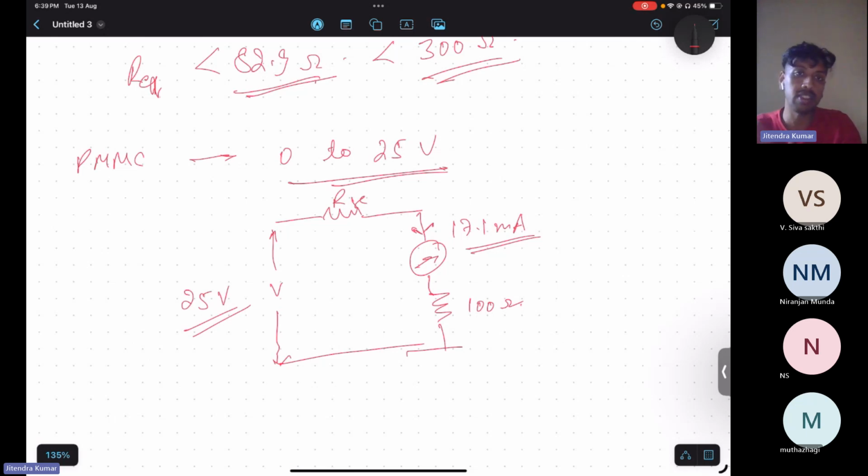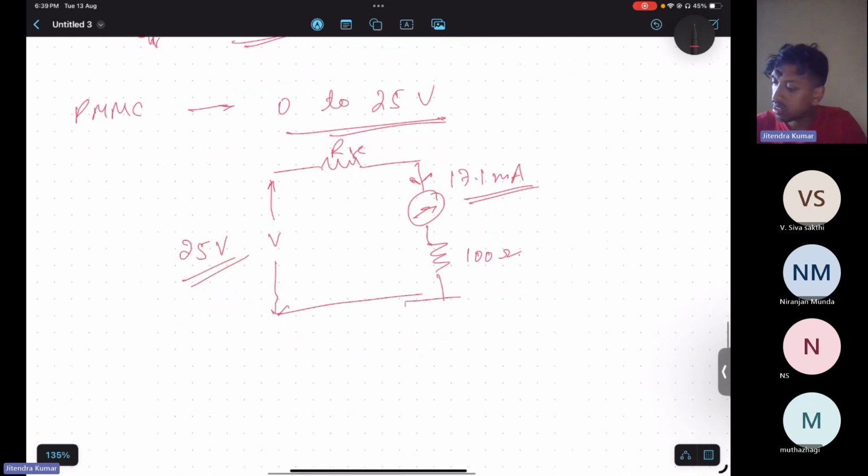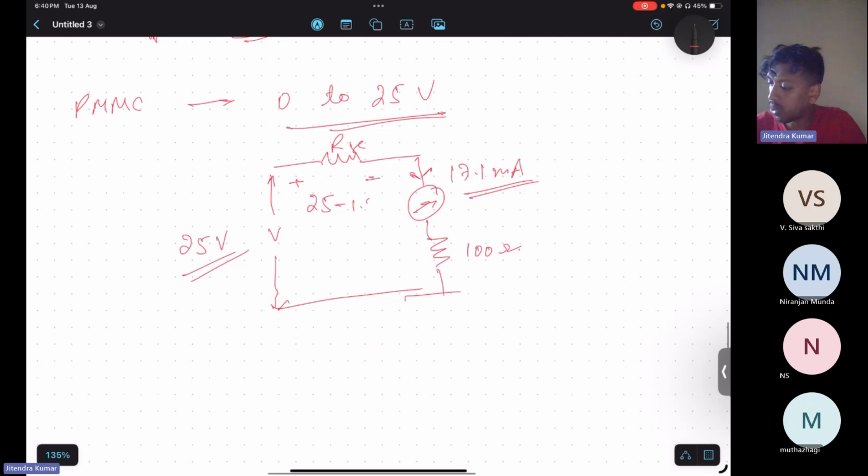So basically, we are converting a PMMC with full scale deflecting voltage of 1.71 volt to 25 volt. For that, we connected one series resistance. Now, the drop across this resistance would be 25 minus 1.71 volt, isn't it? So now we can easily calculate this series resistance.